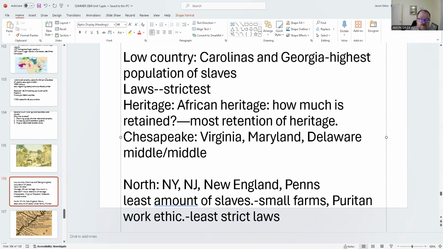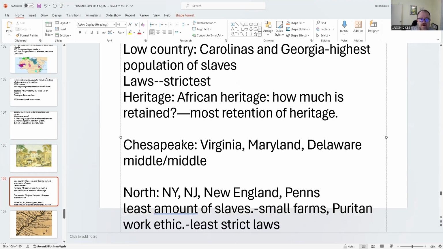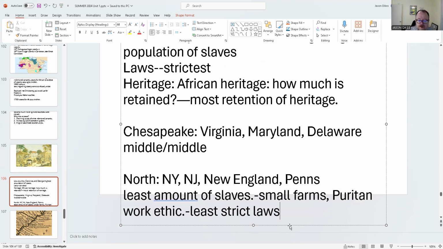Okay, those things are going to be more likely retained where you have the highest number of Africans, even though for a lot of it, it'll be a blending of different African heritage, because people will often come from different tribes and they will synthesize new heritage out of their old heritage. In the North, again, if you don't have a whole lot of Africans, you're going to have the least retention of heritage.